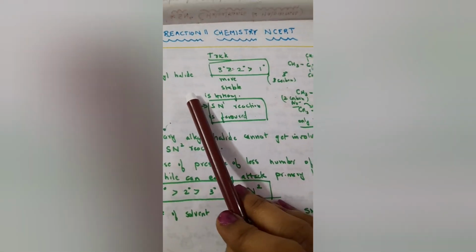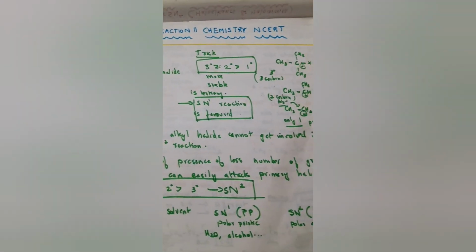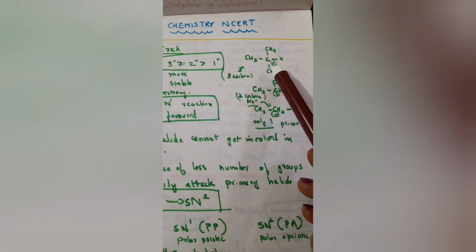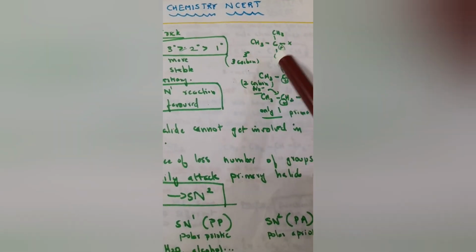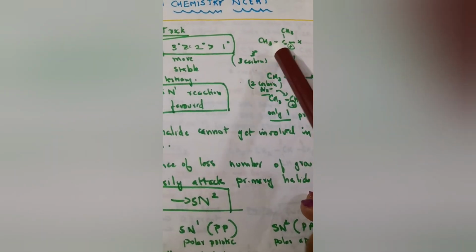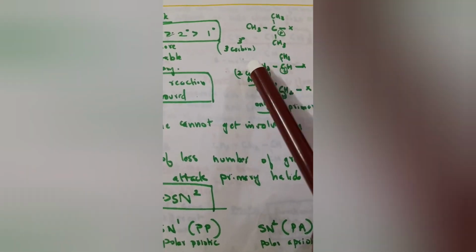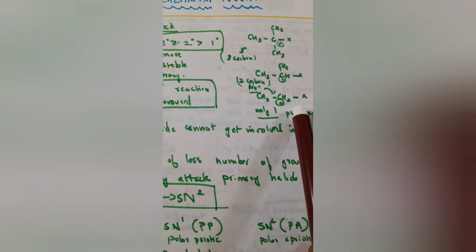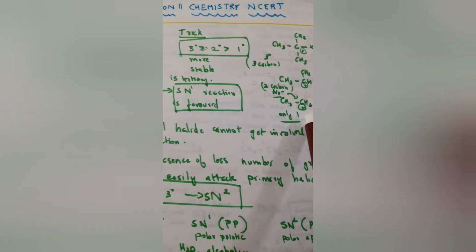See, alkyl halide, as you know, there are 3 types: primary, secondary and tertiary. If the carbon atom is attached to 3 different carbon groups, this is called tertiary. Here if it is attached to 2 carbon atoms, it is secondary, and if only one is there, it is primary. In this case the nucleophile can easily attack the carbon atom, but a tertiary alkyl halide cannot get involved in SN2 reaction.